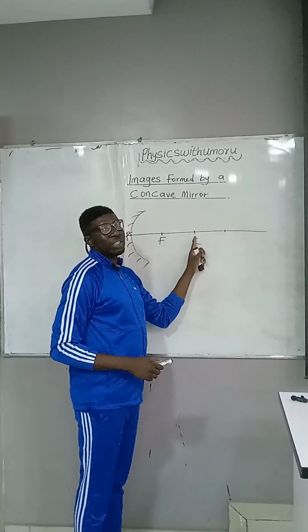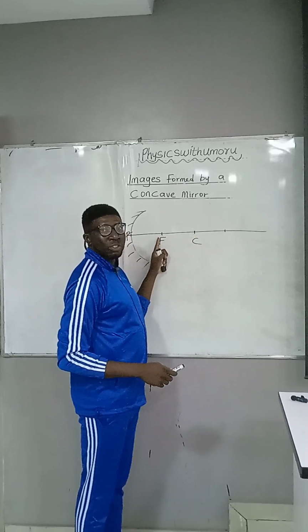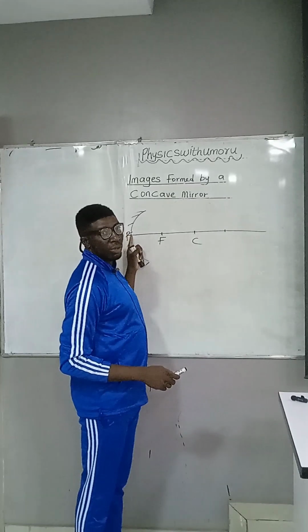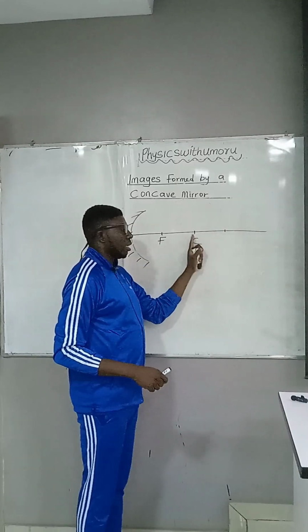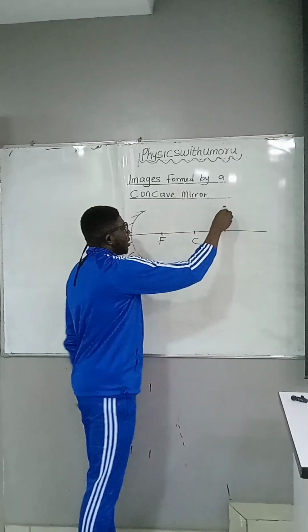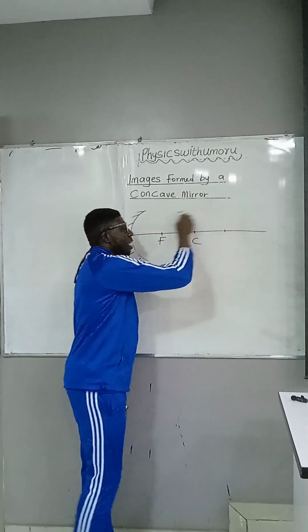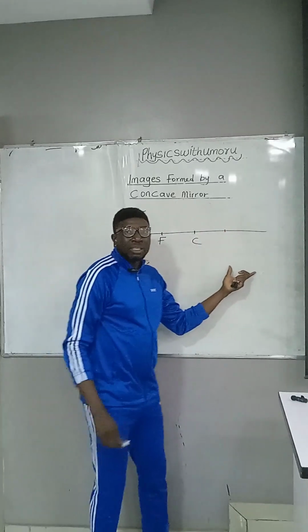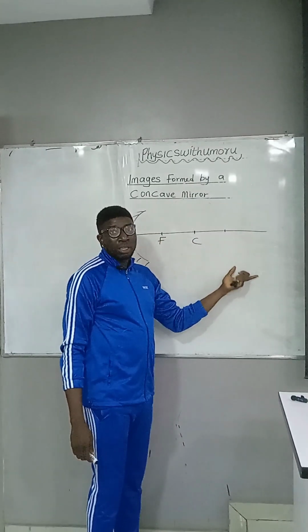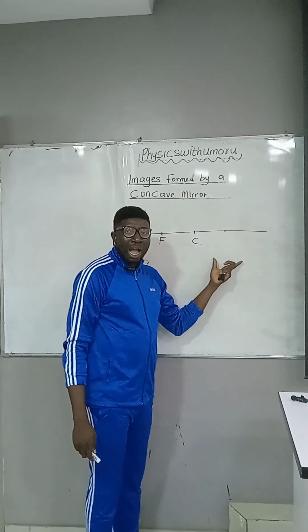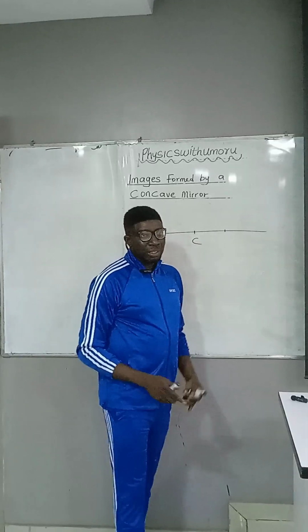Remember, this is the center of curvature. This is the principal focus, and this is the center of the mirror or the pole. So this is the point that is away from the center of curvature. When we place this object here, we'll determine the image. We are going to use the ray diagram to get the image that is going to be formed, and we are going to list out the properties.